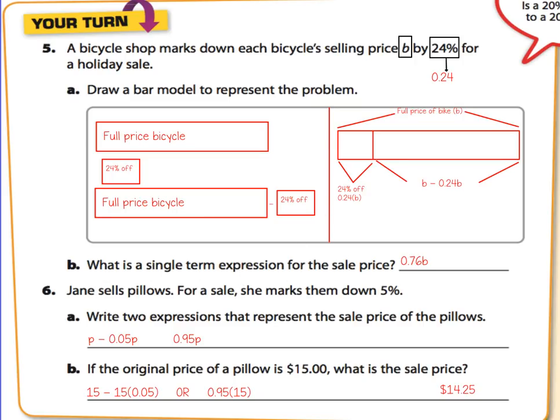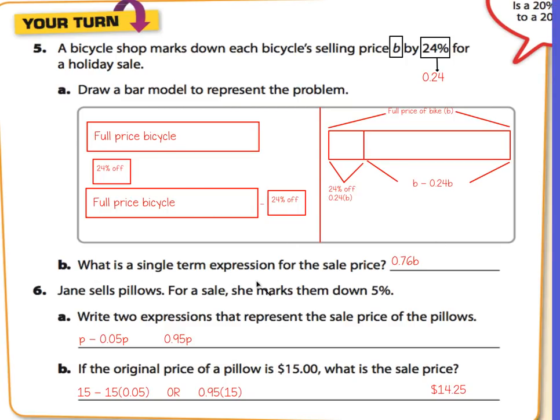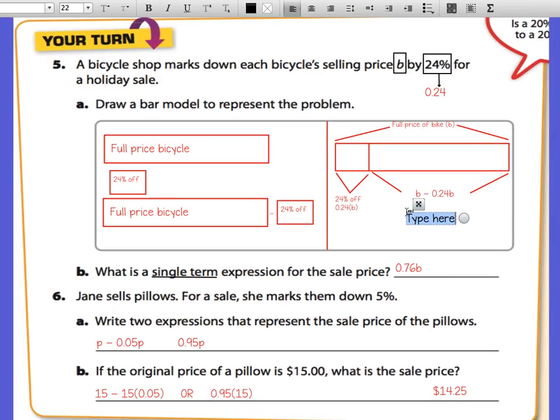And then now I want to know what was the single term expression. So in this case, I would have to figure out, okay, well, I have 1B minus 0.24B. So if I take that 1 minus 0.24, I should have found that I got 0.76B for my answer.